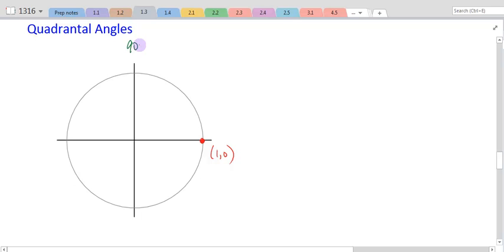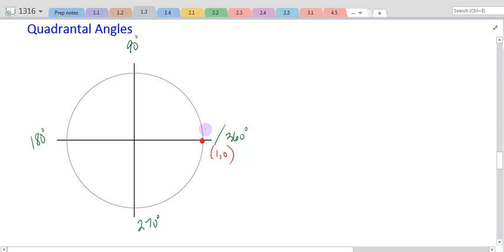As my point continues to travel around, when I land over here on the x-axis again, I've traveled 180 degrees. And if I keep on traveling and land back down here on the y-axis, I would have traveled 270 degrees. And then if I continue to go around and I'm back where I started, I will have traveled 360 degrees.